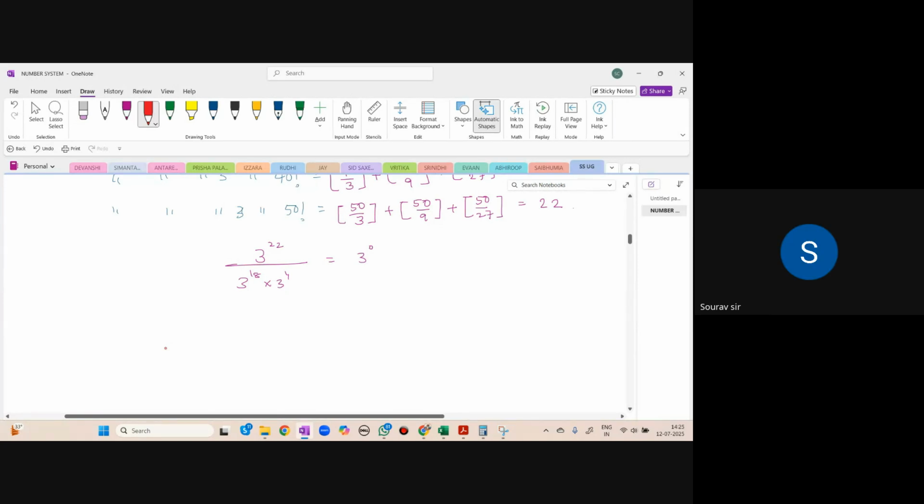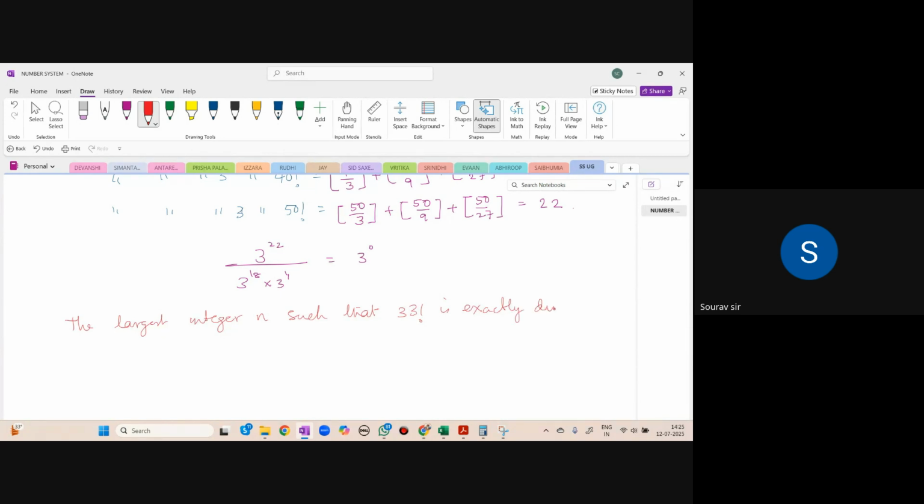Similar question. The largest integer n such that factorial 33 is exactly divisible by 2 to the power n.